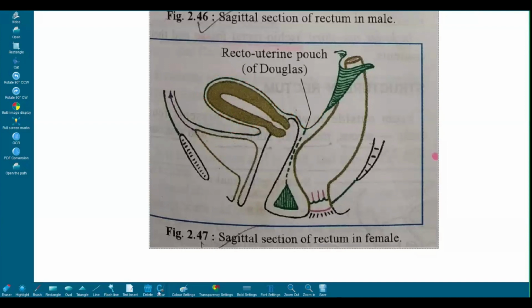So in relation to the anterior surface, the peritoneal reflection will be up to the isthmus, very very important, up to the isthmus.